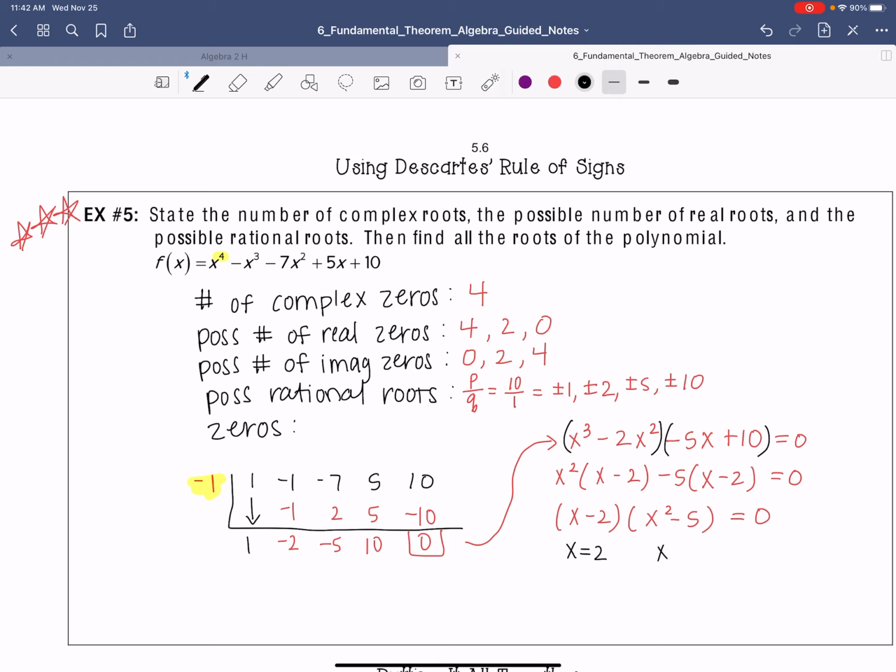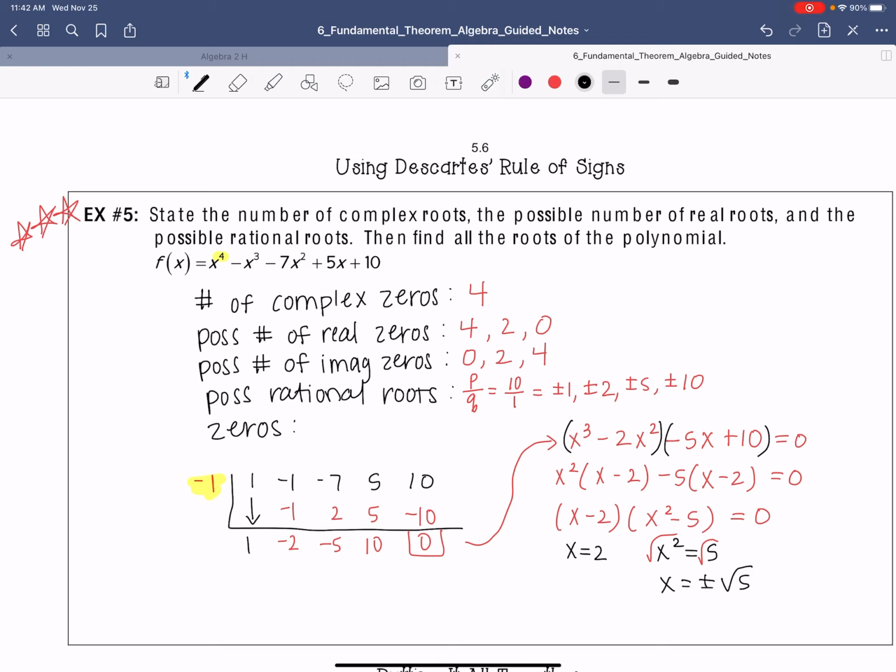When I solve this one, I'm going to get x squared equals 5. Square root both sides, square root, don't forget your plus or minus. So we're going to get x equals plus or minus root 5. Okay, again, remember radicals always come in pairs as well. Imaginaries and radicals always will be in pairs.